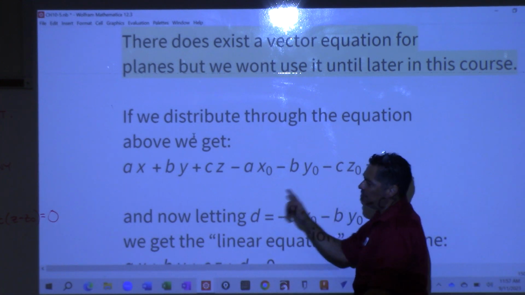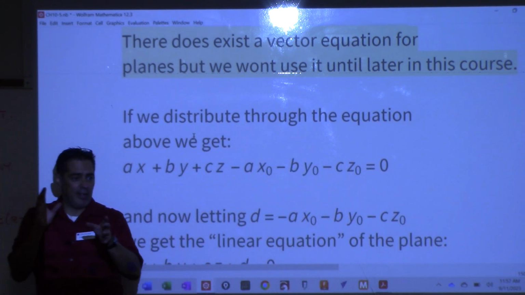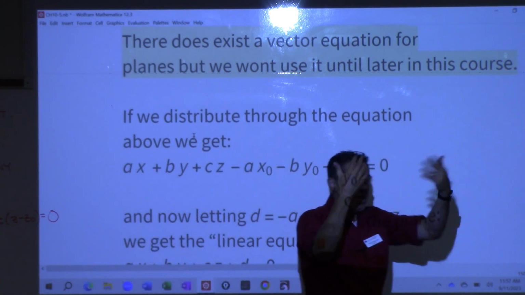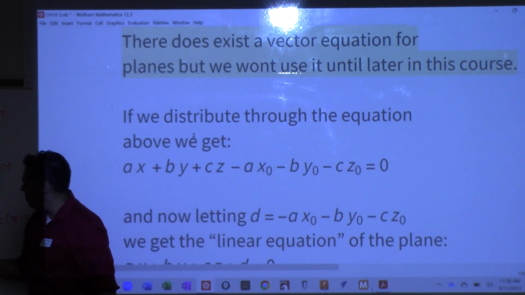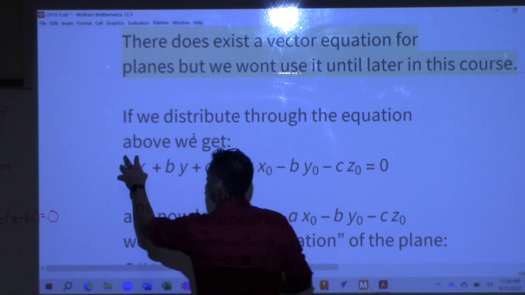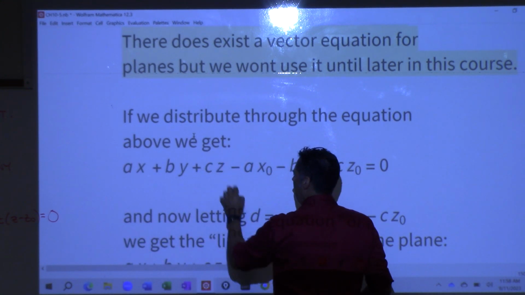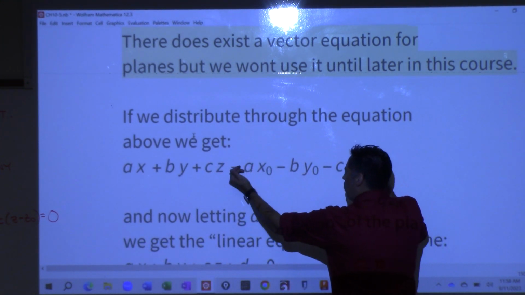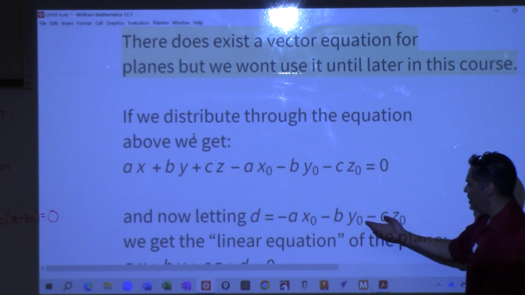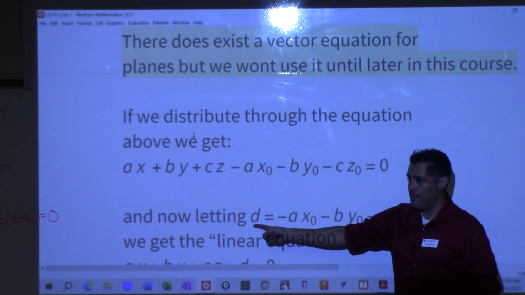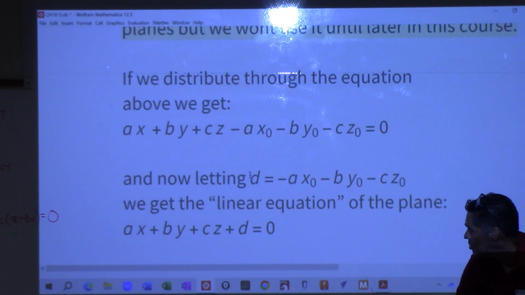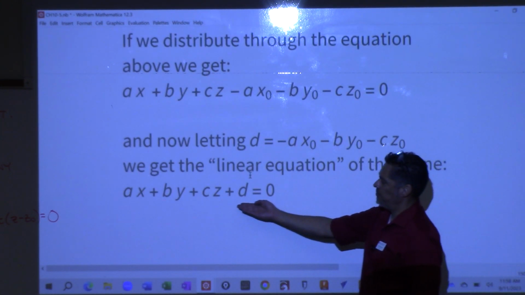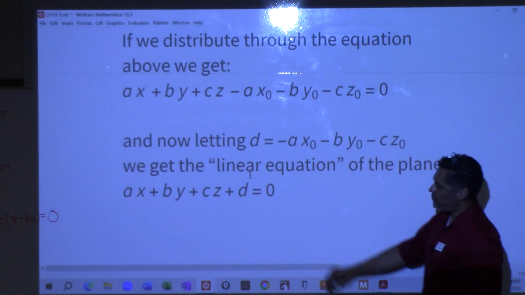Think about it, because x naught, y naught, z naught is a point. So it's like the point 1, 3, 5 or whatever you give me. So if I distribute this number a, b, and c through the parentheses, this will have a variable in it, this will have a variable, this will have a variable. All of these are numbers. We could put all of those together as a number, and we call that usually d. And then if we do that, that equation simplifies to be this.